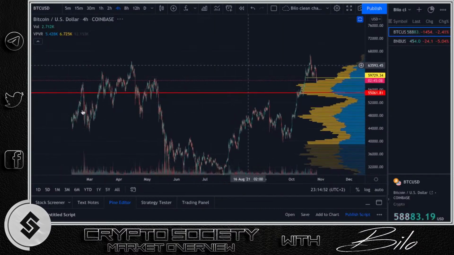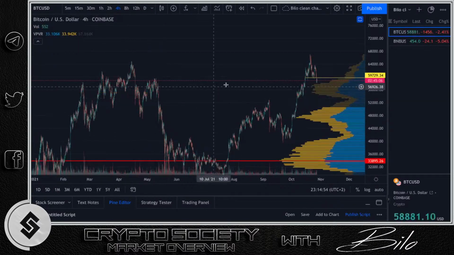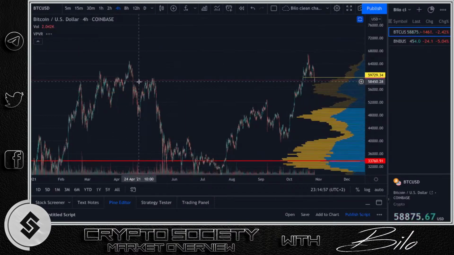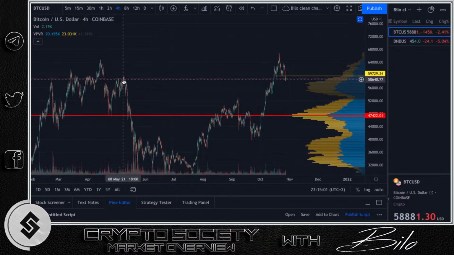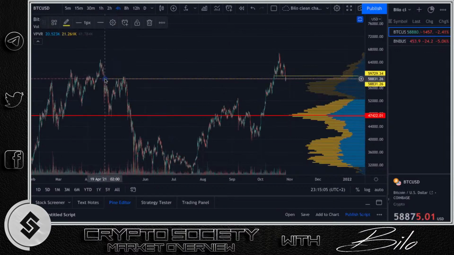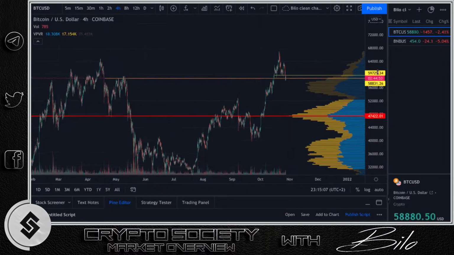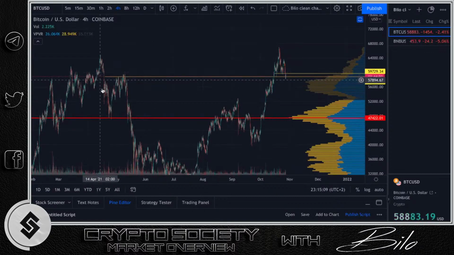It's a lot of noise here because you can see there's a lot of price action here, and you could see this here as well. It's almost like a reverse cup and handle.